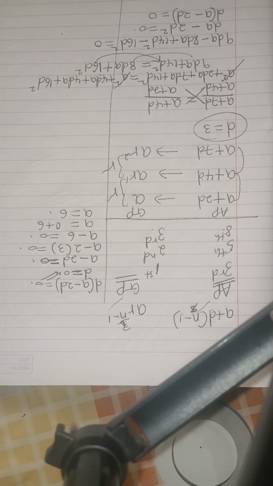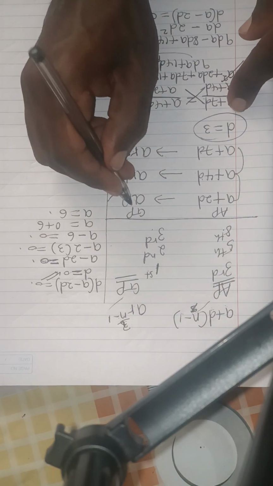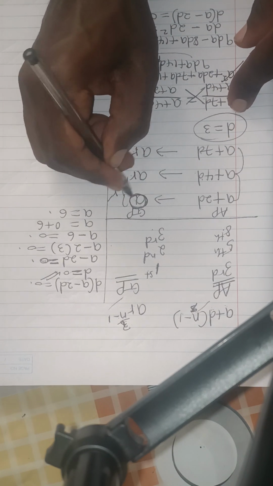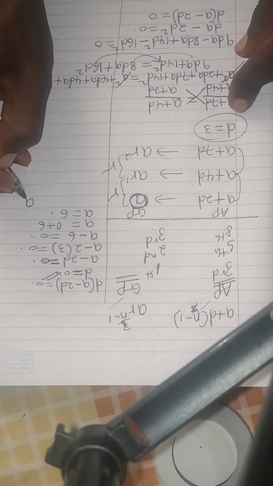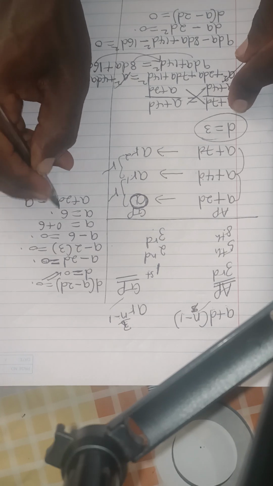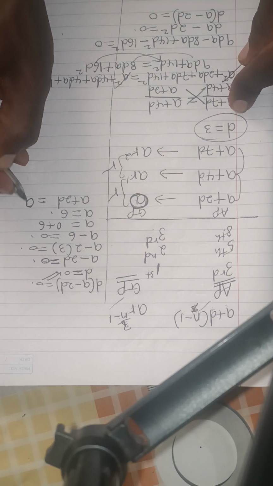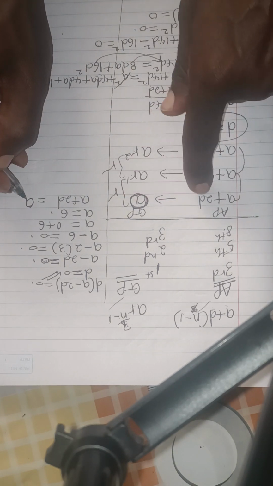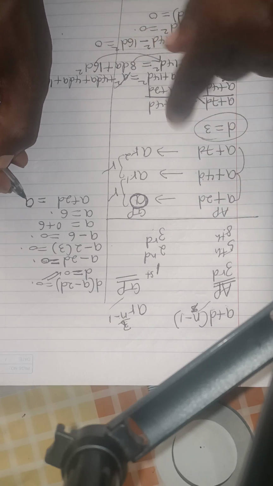What was the question asking? The question is asking for the first term of the GP. The first term of the GP, a. So we know very well this a should be equal to a plus 2d. The first term of the GP can only be obtained by saying a plus 2d of the AP.